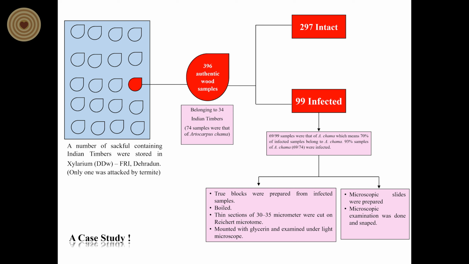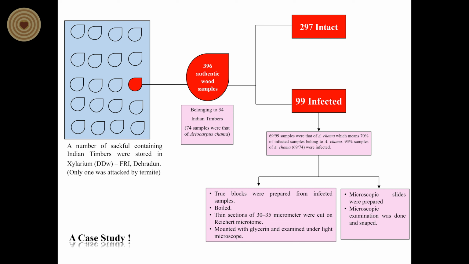On further investigation, we observed that the sackful was containing 396 authentic wood samples belonging to 34 Indian timbers, and out of 396, 74 samples were that of Artocarpus sharma. We separated the intact and infected samples. 297 samples out of 396 were intact and 99 samples were infected.